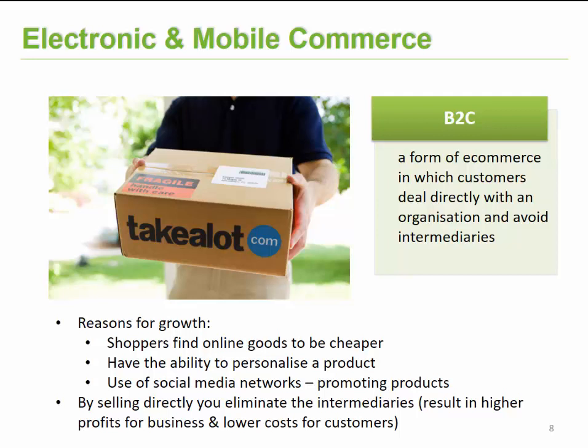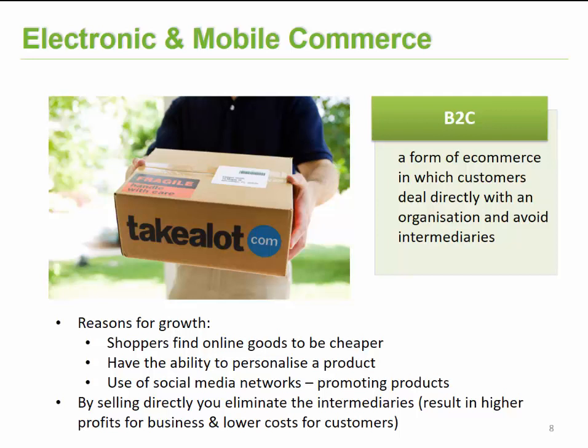The third one, through the growth of social media networks, companies have realized that they can promote their products and indirectly they can link people from the social media site to their electronic commerce sites. If you think about social media platforms such as Facebook, nowadays we are bombarded with various advertisements.